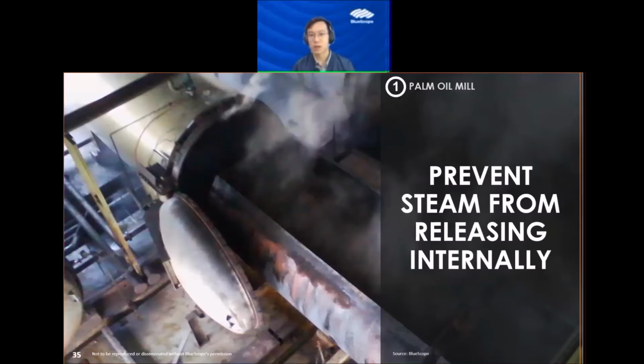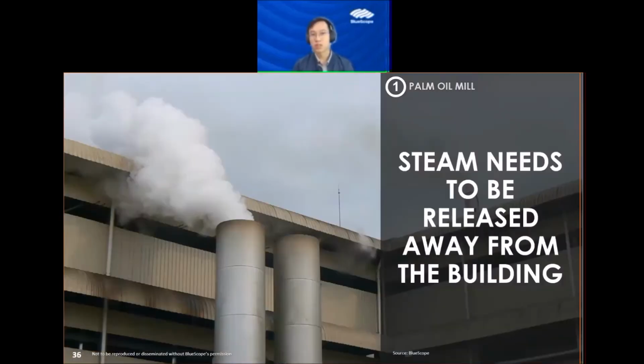eliminate the steam from the internal environment. We do also see some efforts where they place the chimney right outside, or right next to, the building. In this specific photo, we observed that the chimney was perhaps releasing the steam too close to the building.